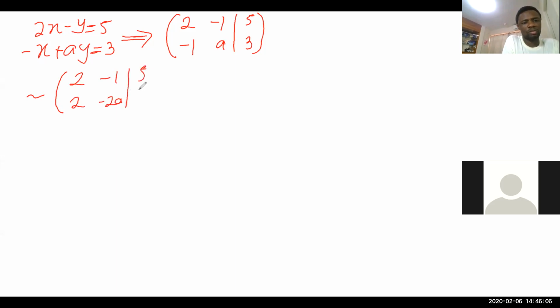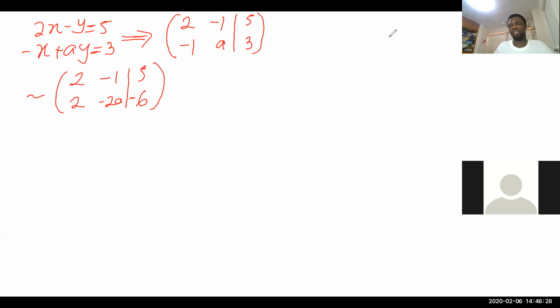And this is 5 and this is 3. No, 6. Negative. Thank you, Brandon. Okay, so the last question is, for what value of a is the equation inconsistent?